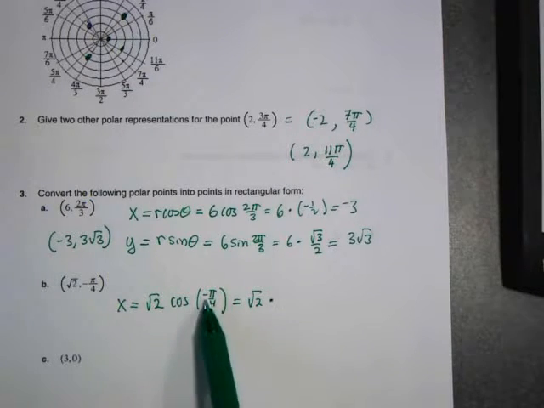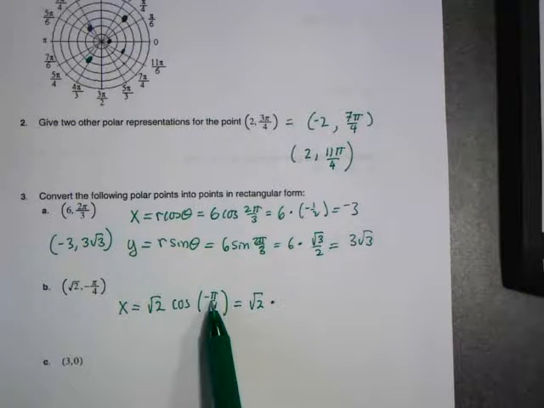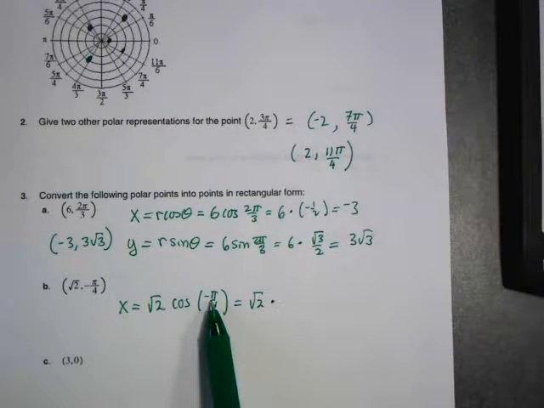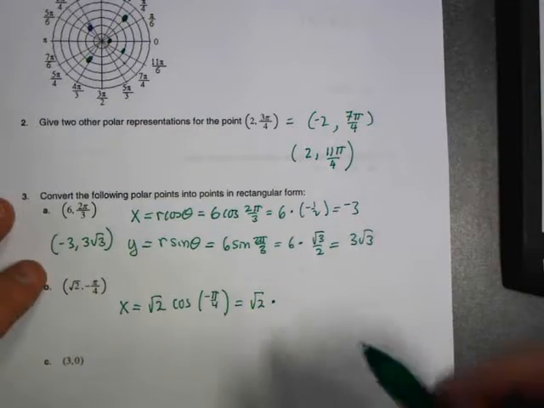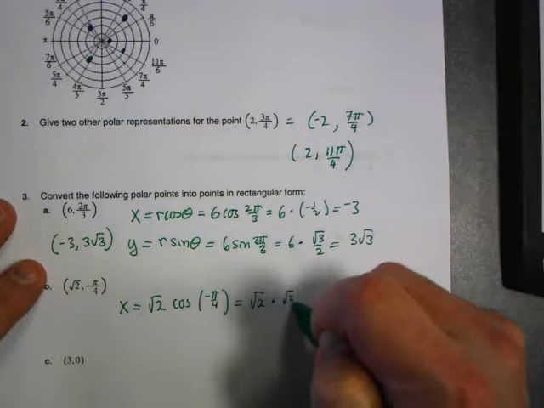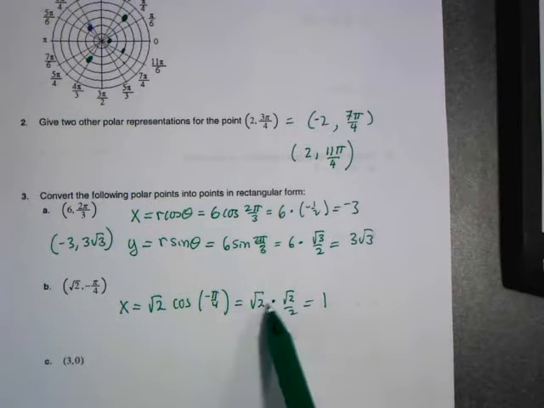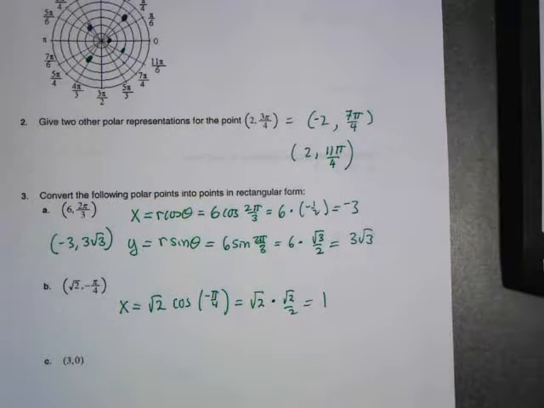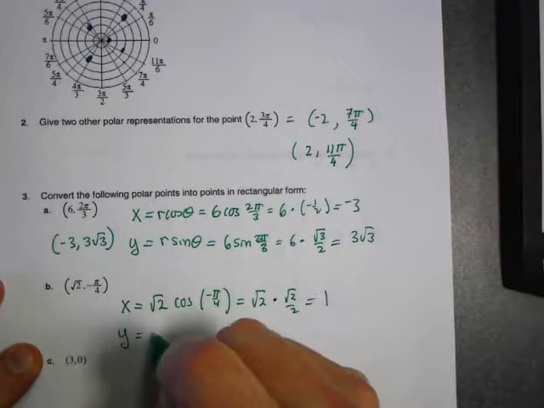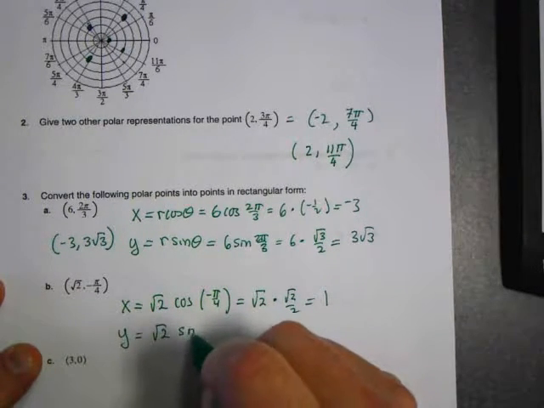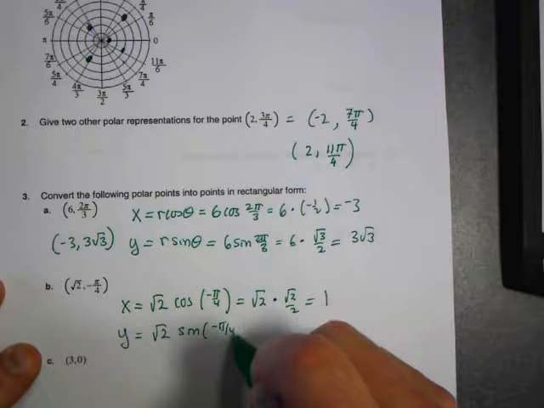Negative pi over 4 is in quadrant number 4. In quadrant number 4, cosine is positive. That's correct. So it should be positive square root of 2 over 2, which is a fancy way of writing 1, because the square root of 2 times the square root of 2 is 2. 2 over 2 is 1. Conversely, y is going to be square root of 2 sine negative pi over 4.